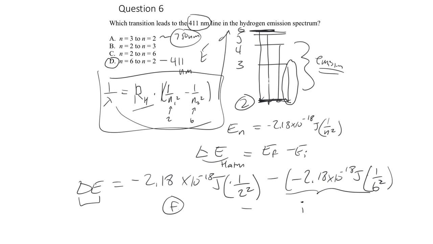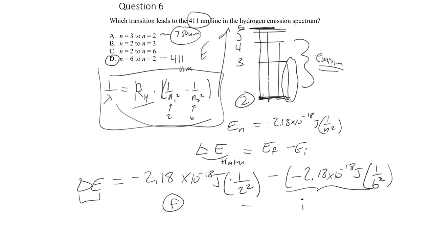And so then this leads to the H atom going through a loss of energy. So 2.18 times 10 to the minus 18 times 1 divided by 2 squared, and then minus negative 2.18 times 10 to the minus 18 joules times 1 divided by 6 squared.